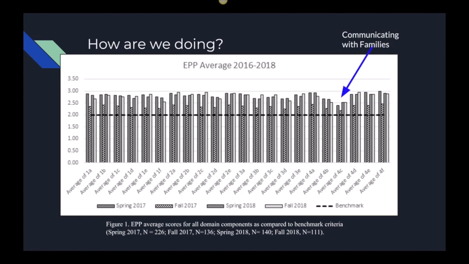So how are we doing? As you can see here, this is 4 cycles of data. Our latest cycle of data was fall 2018. A couple things that emerge from this is typically our fall assessment tends to be a little bit lower than our spring observation scores.